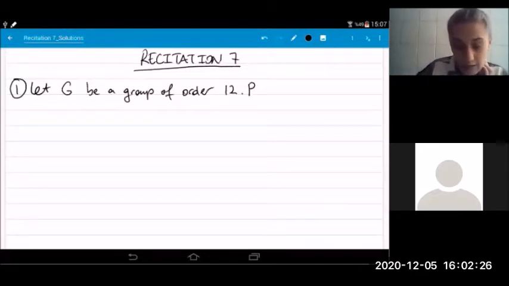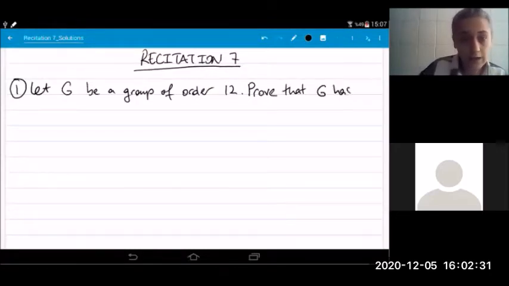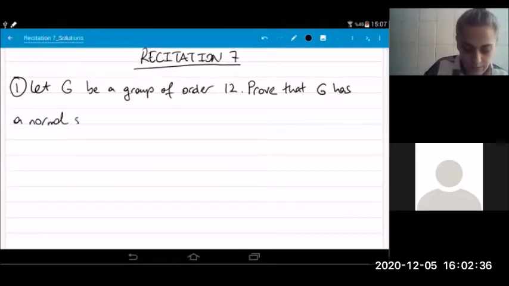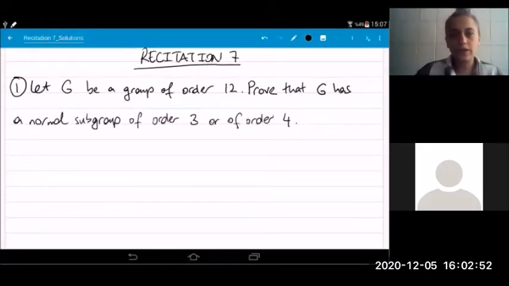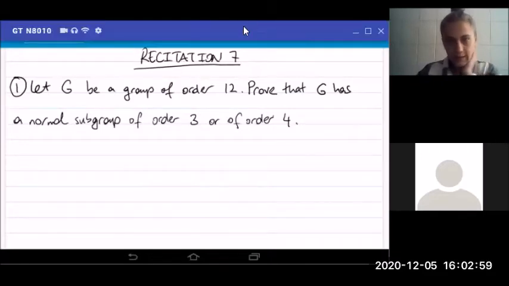Prove that G has a normal subgroup of order 3, or of order 4. Do you have any idea about this question? No? Okay, let us start.